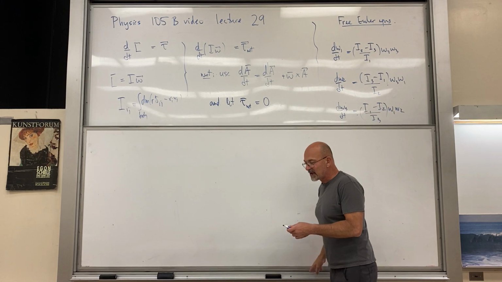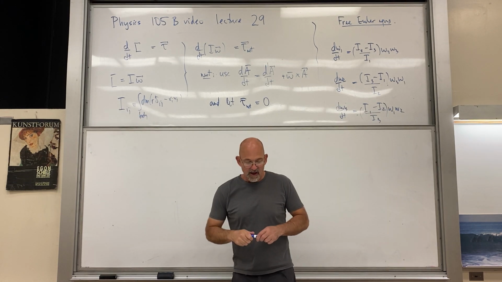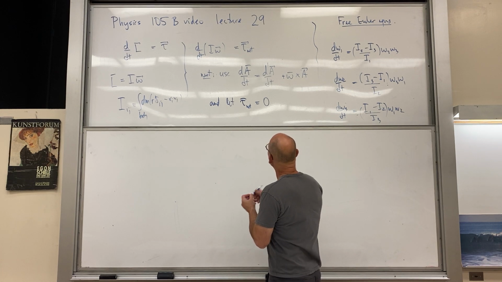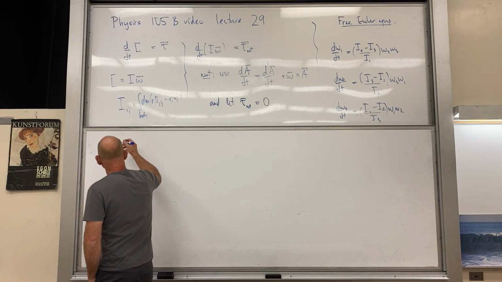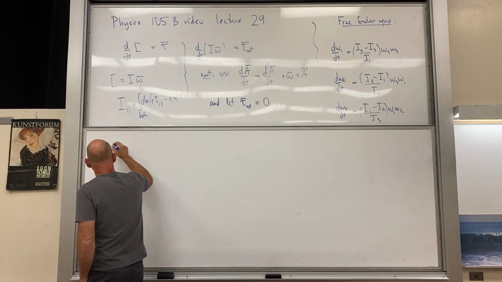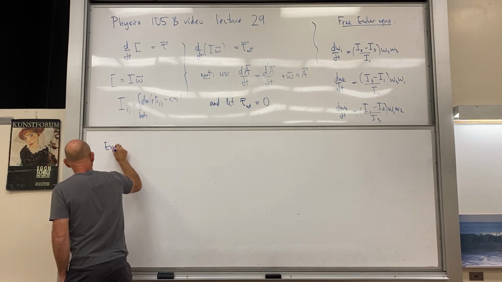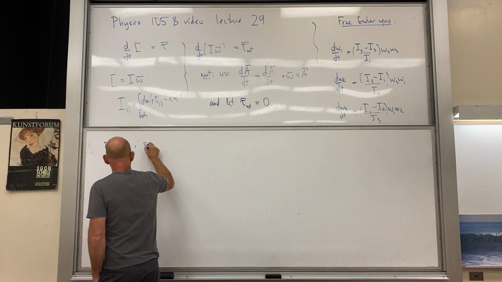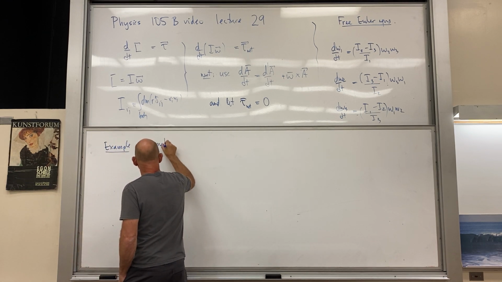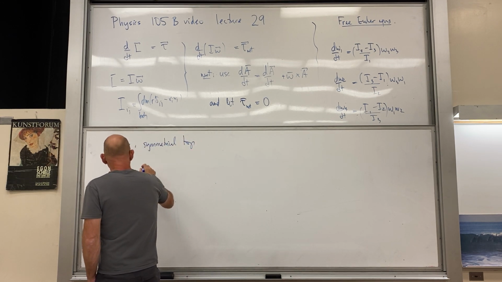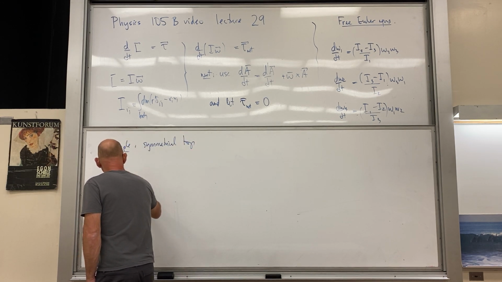And this time, to be concrete, we'll use a disc-shaped object, because we're going to do the symmetrical top. So the example is the symmetrical top, and a disk is a good example of that.